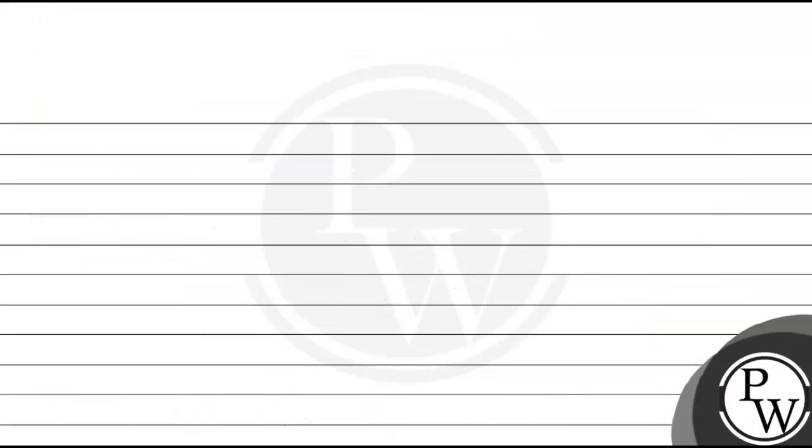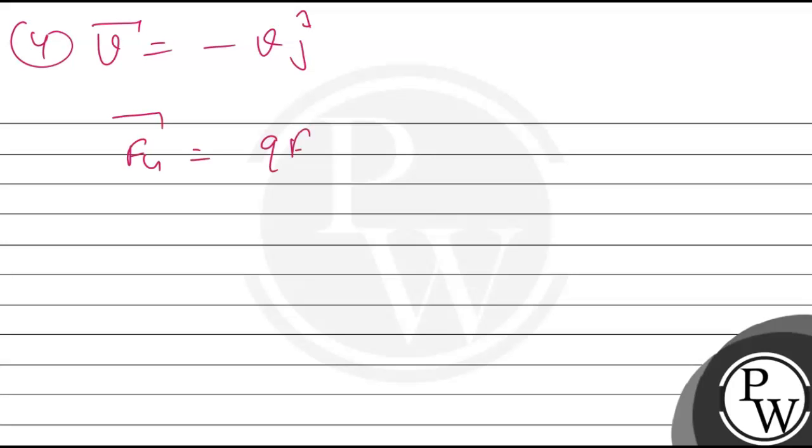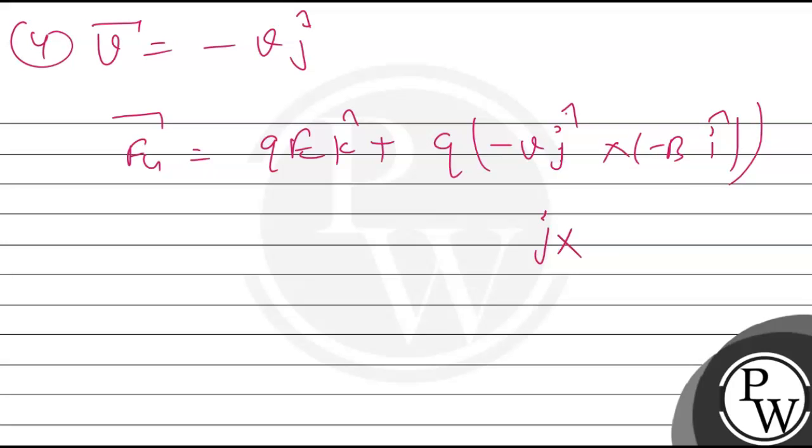Now let us check the fourth case, where the velocity vector is in the minus V j cap direction. We can write the force F4 equal to QE k cap plus Q into velocity vector minus V j cap cross minus B i cap. If we cross multiply j cap vector cross i cap vector, it will be equal to minus k cap.